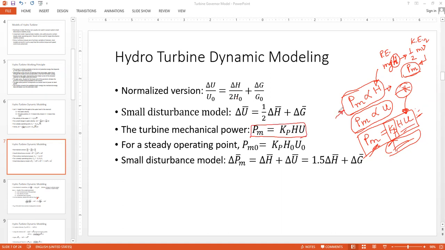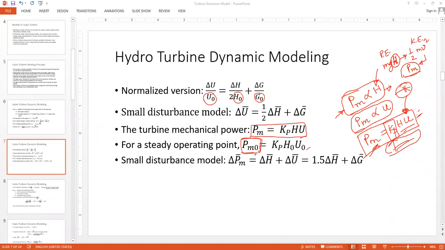So that's enough. And again, for the steady operating point, what we have is PM naught, simply you get H naught and U naught. So this is for any steady state operating point where we had U naught, H naught and G naught. So at the same operating point, now we are saying that our mechanical input to the generator, or the output from the turbine, is PM naught.